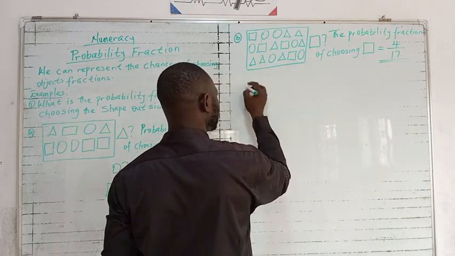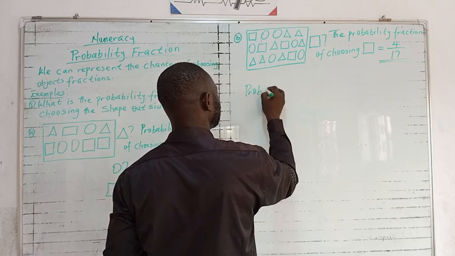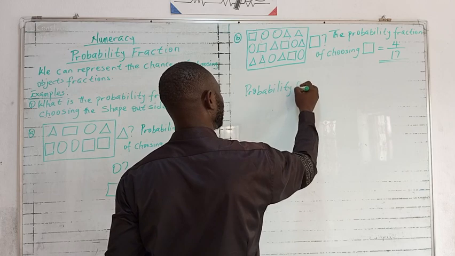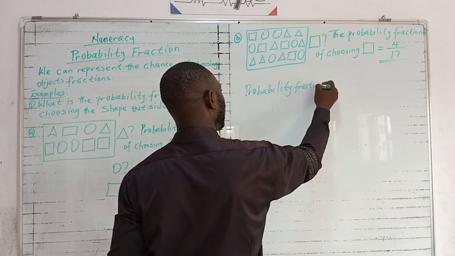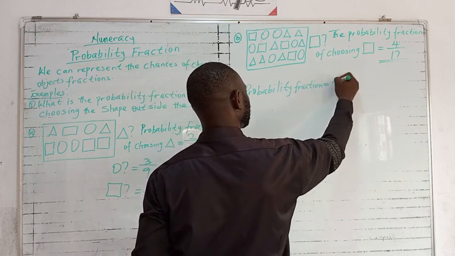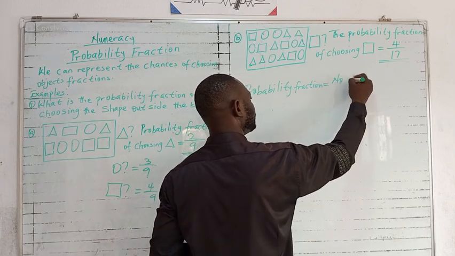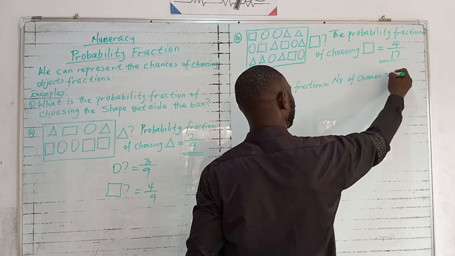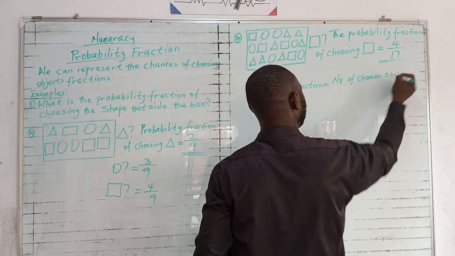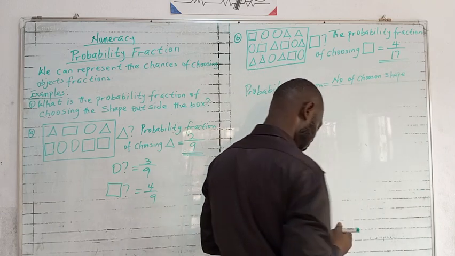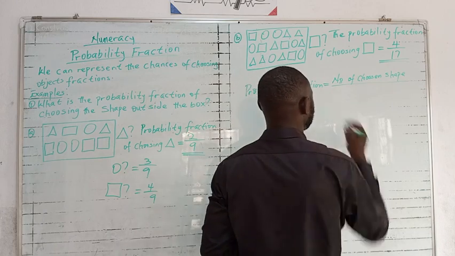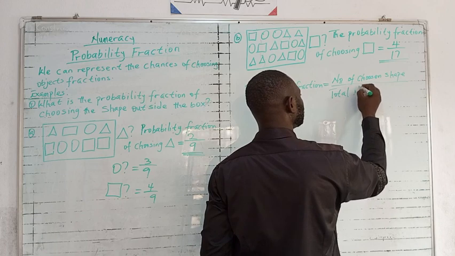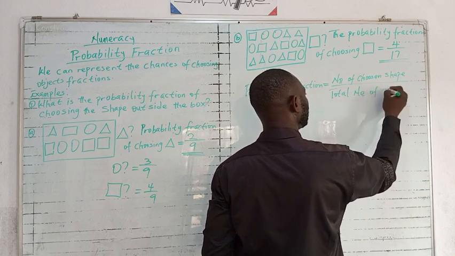So, in other words, we can simply say that probability fraction equals number of chosen shape all over total number of shapes.